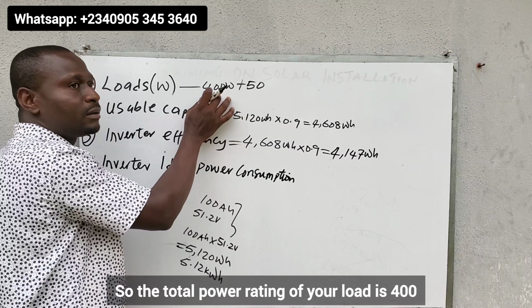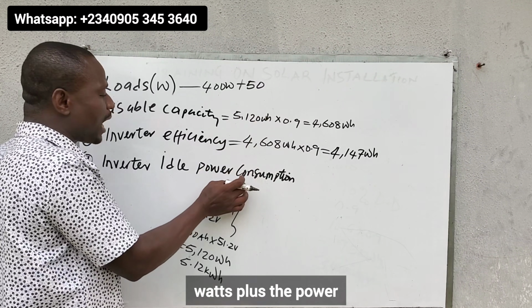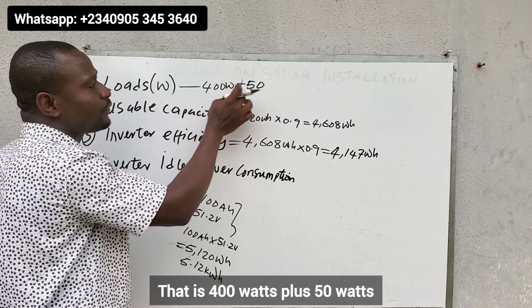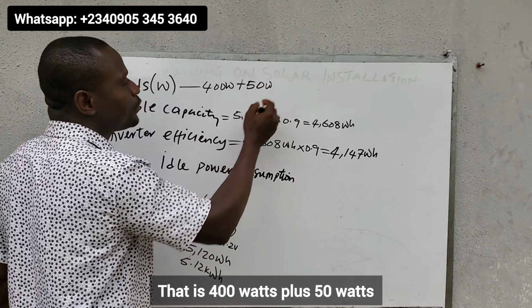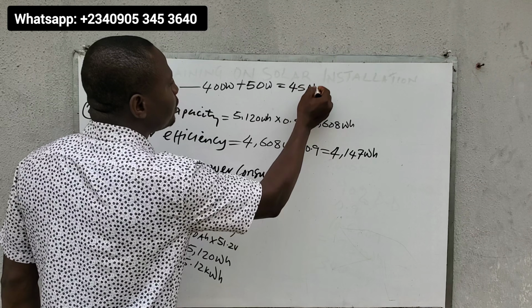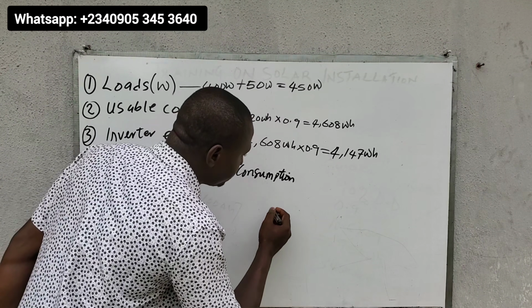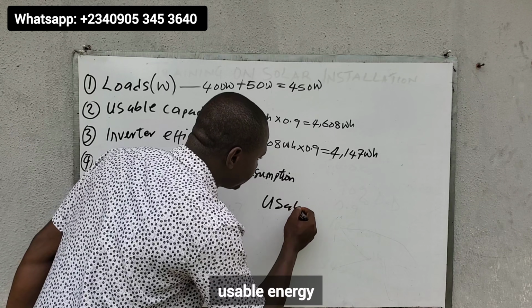So the total power rating of your load is 400 watts plus 50 watts. This will give us 450 watts.